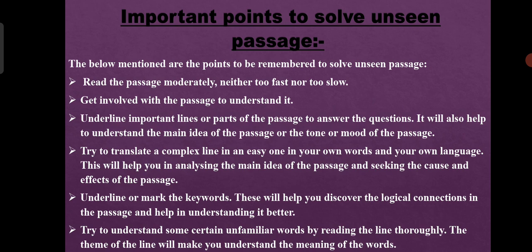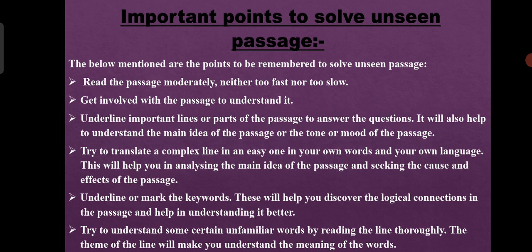Important points to solve unseen passage. Children, these are the important points. Pay attention. Read the passage moderately, neither too fast nor too slow. Get involved with the passage to understand it. Underline important lines or parts of the passage to answer the questions.